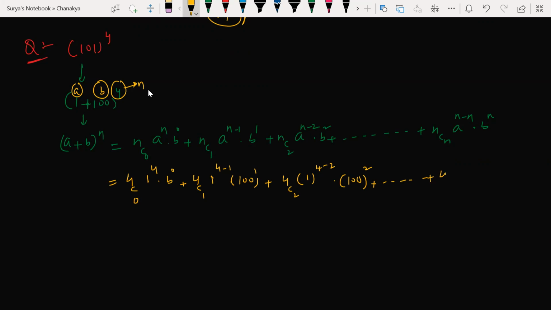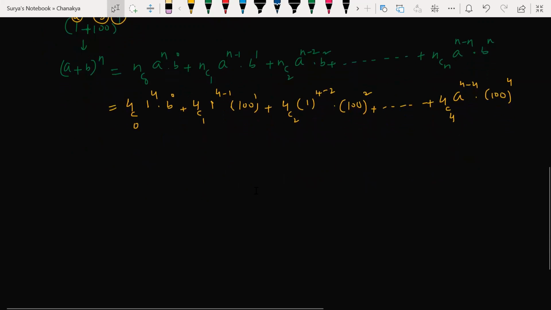Ncn is nothing but 4c4, a to the power of 4 minus 4 into b to the power of 100 to the power of 4, correct? Isn't it, children?